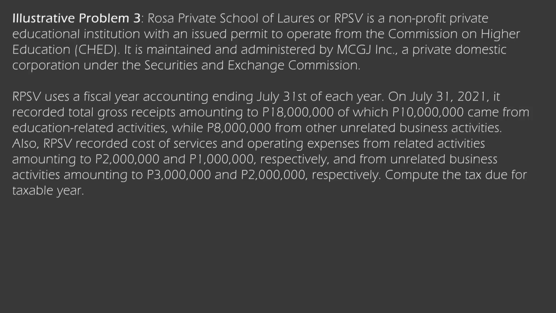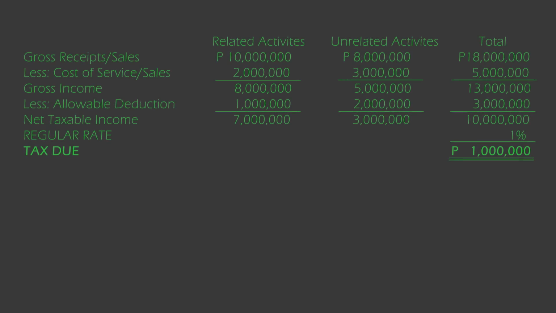On July 31, 2021, it recorded total gross receipts amounting to 18 million, of which 10 million came from education-related activities, while 8 million came from other unrelated business activities. Also, recorded cost of service and operating expenses from related and unrelated activities are as follows. Note that we need to scrutinize the related and unrelated activities.